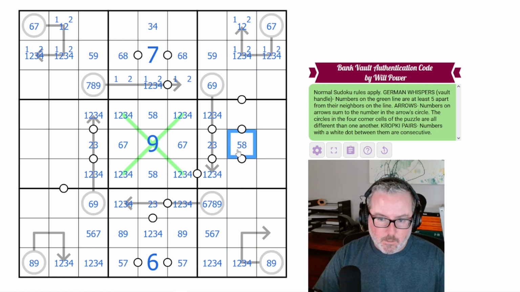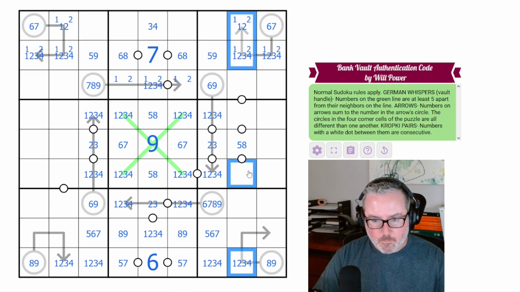So we're looking at 5 or 8. Now, bringing it down to 2 different possibilities is much nicer. And if this is a 5, we put a 4 on one of these 2 sides. It's going to have to be down here. So we had 1, 2, 3, 4, 5. So if this is a 5, this is a 4.